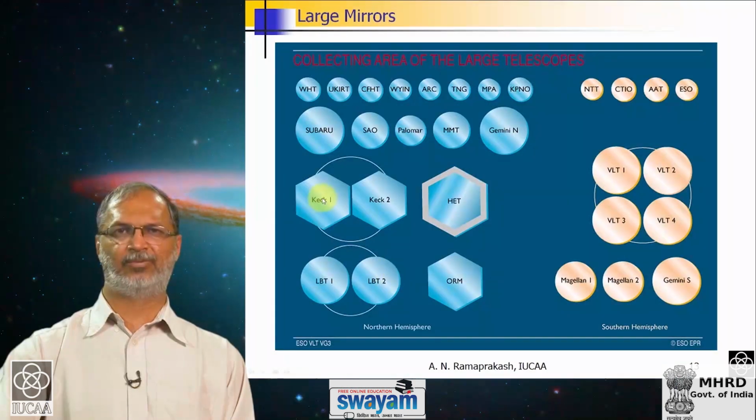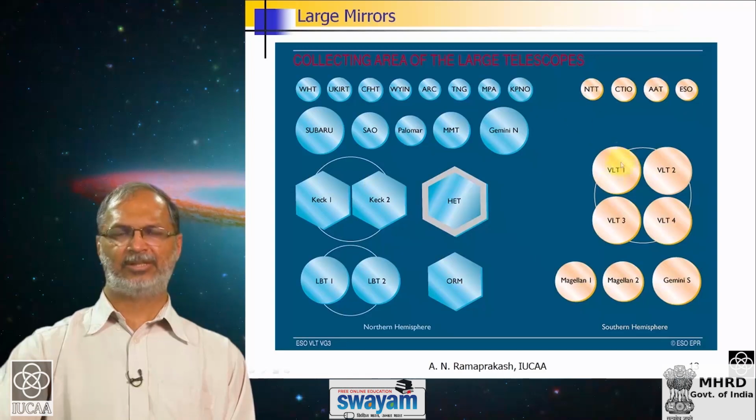So, if I draw a sketch of all the large telescopes which currently exist, this topmost row shows telescopes which have a diameter of about 4 meters. These are 8 and 10 meters in diameter and so on, and the blue ones are in the northern hemisphere and the yellow ones are in the southern hemisphere of the earth.